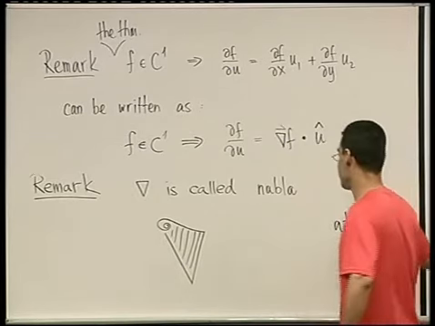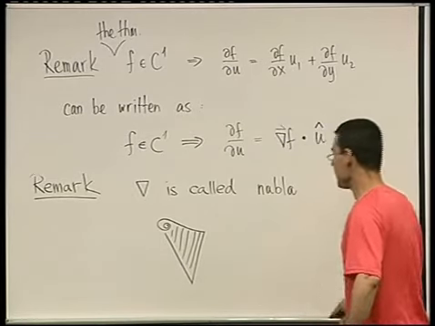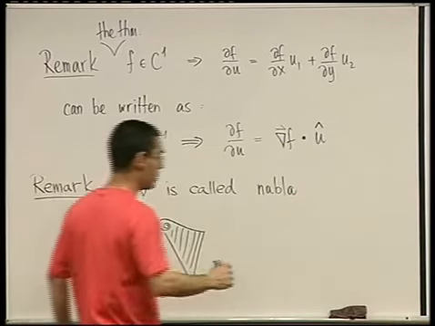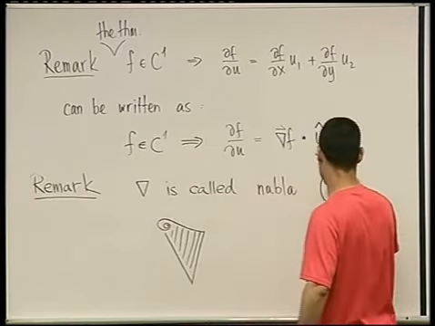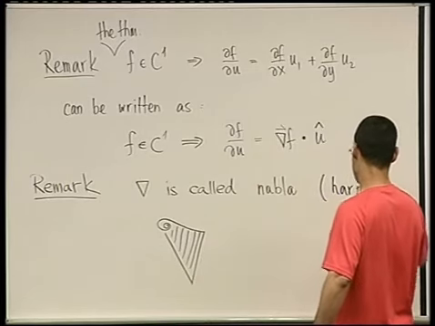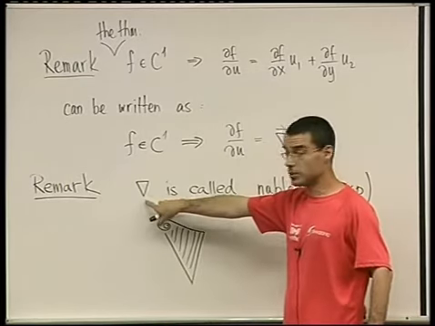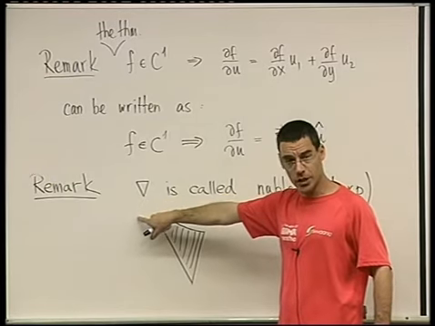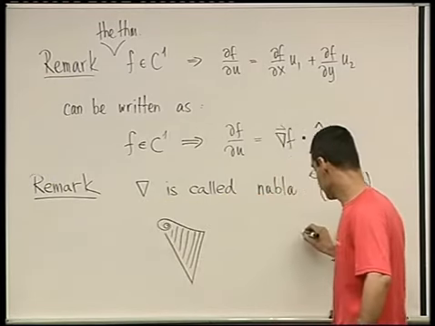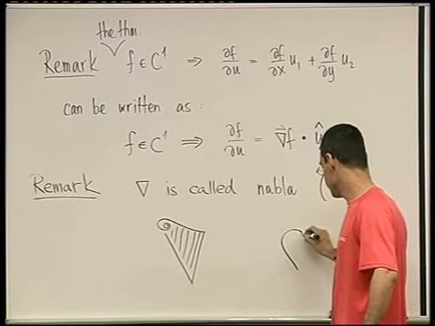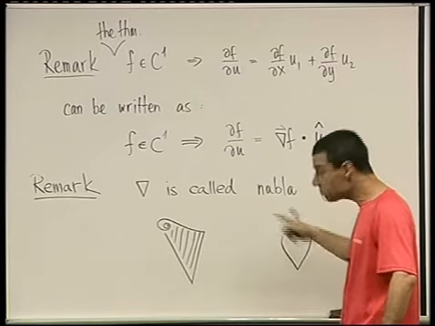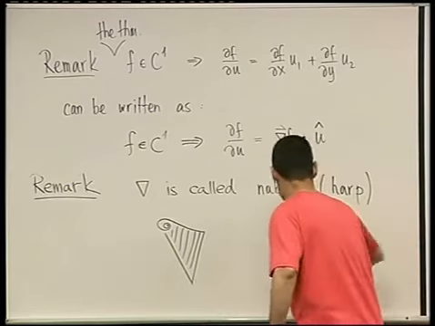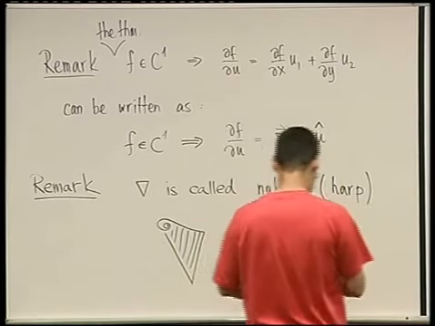So it's called nabla, which is Greek or Hebrew for harp. In fact, the notation is also sometimes called del, and del is Persian for heart. Anyway, good.